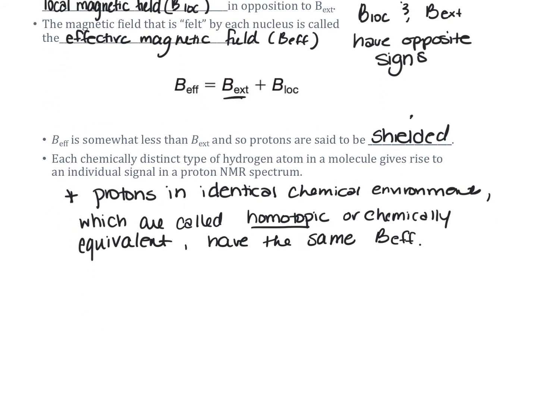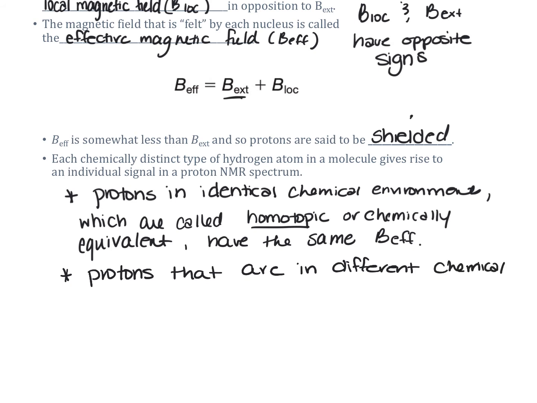Now, on the other hand, protons that are in different chemical environments are called heterotopic. I think I said tropic before.